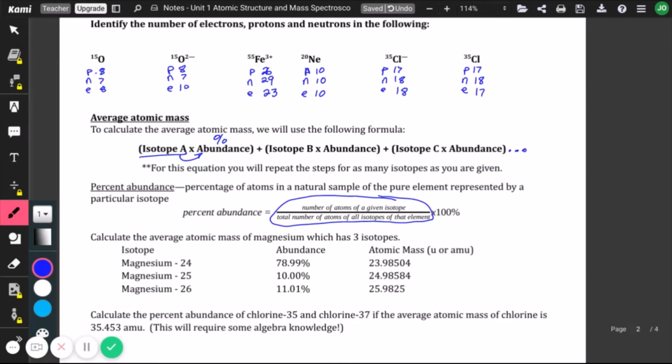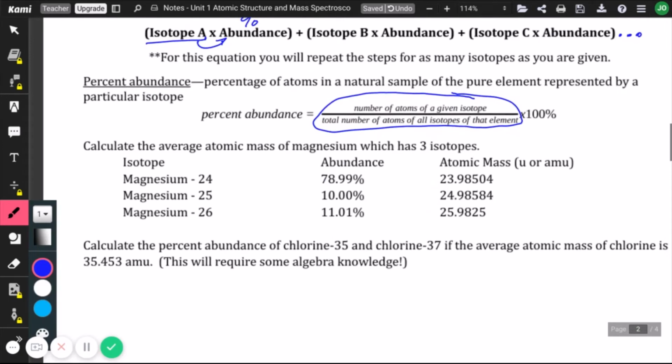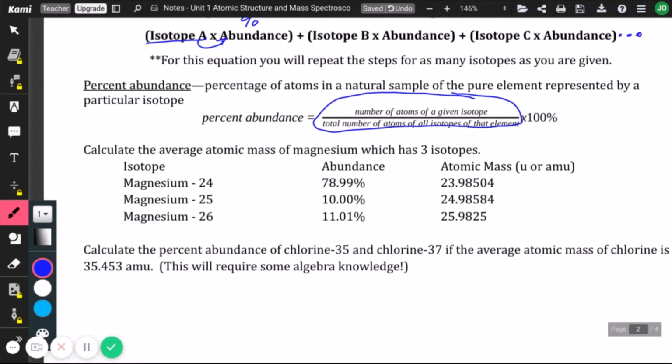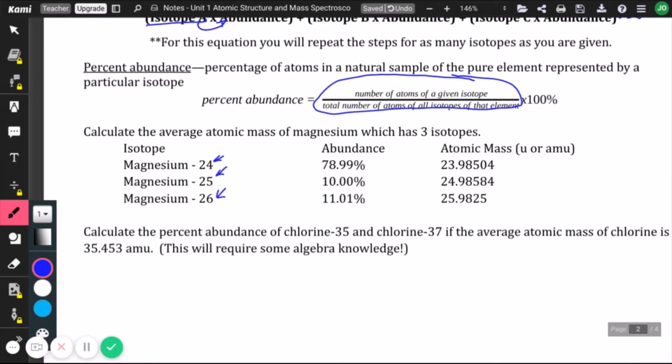Okay, so here is our first question here. So it says calculate the average atomic mass of magnesium, which has 3 isotopes. Okay, well, here are our isotopes: magnesium 24, magnesium 25, and magnesium 26. Okay, again, these would be our mass numbers. Okay, so these right here are our mass numbers.